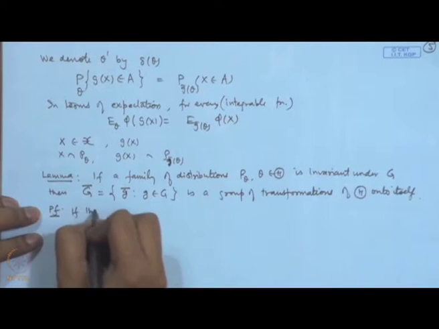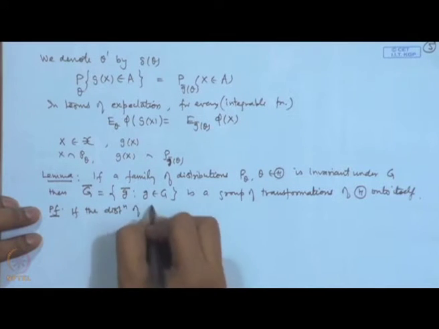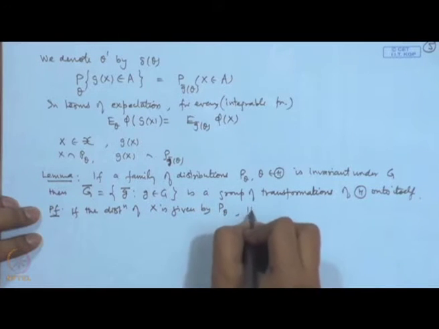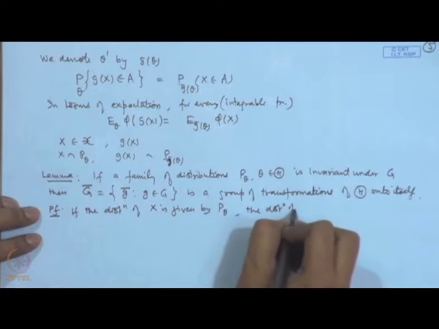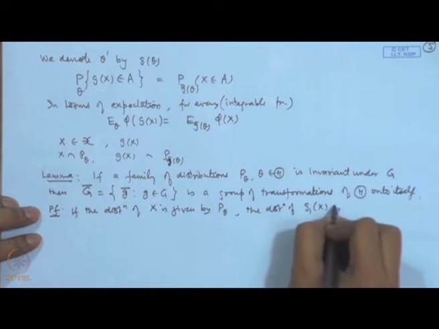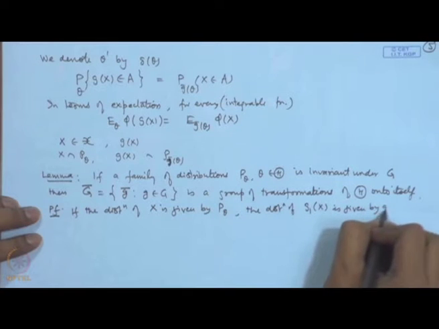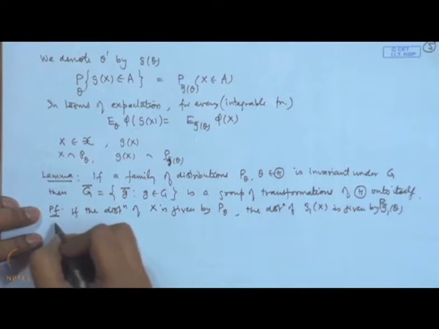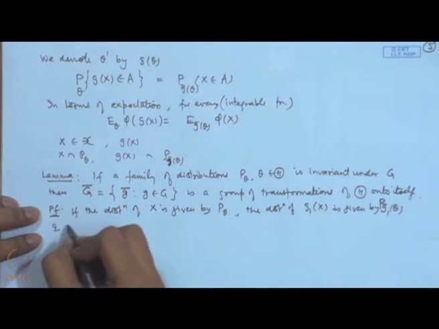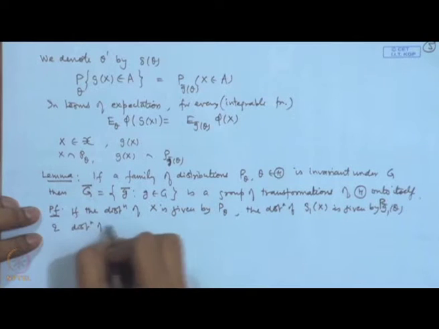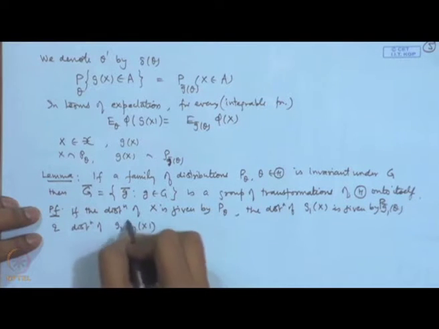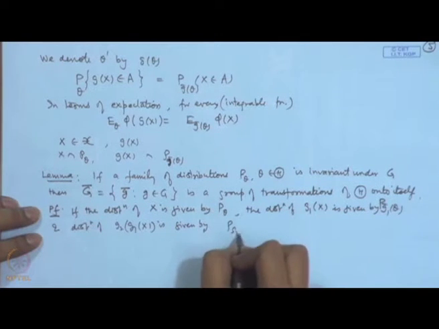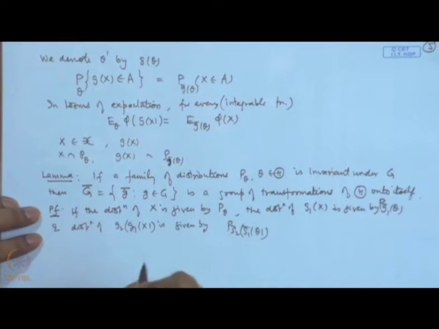So, if the distribution of x is given by p theta, the distribution of g 1 x is given by p g 1 bar theta, and the distribution of, say, g 2 of g 1 x is given by p g 2 bar g 1 bar theta.